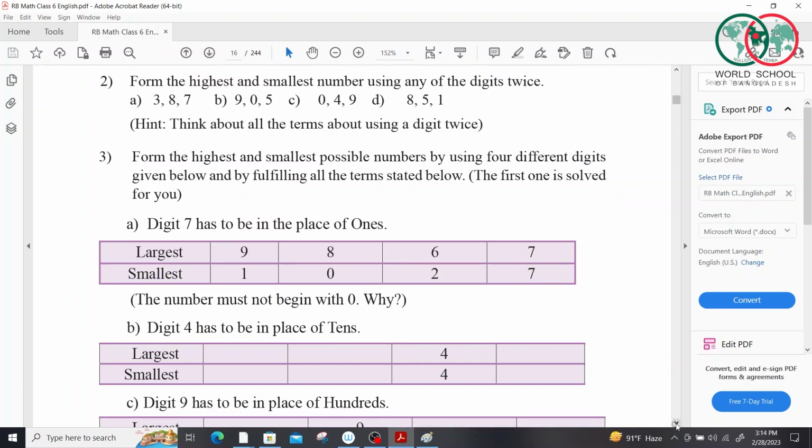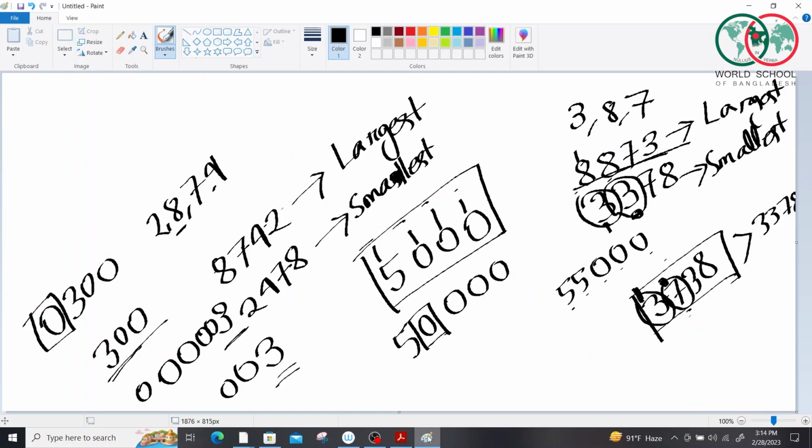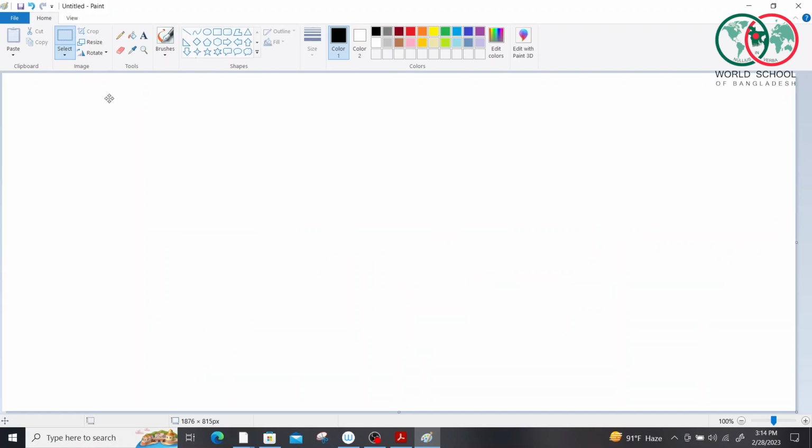Okay. Let's see the next example. In the next example, our condition is that digit 4 has to be in the place of 10. So let me clean this. Okay.